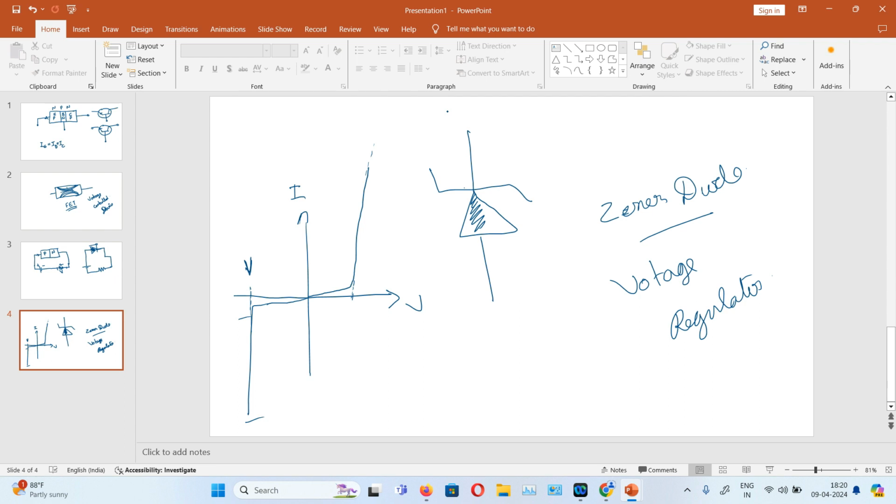That's why we said that under normal circumstances the diode will conduct electricity when it is forward biased. But there are diodes which work in the reverse bias mode also. That is not the typical diode.